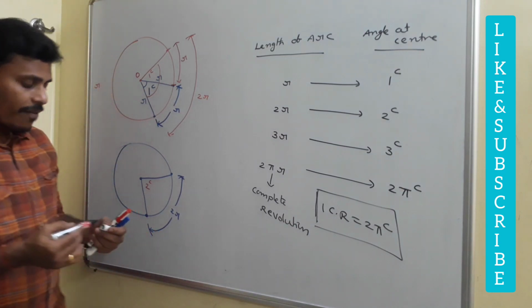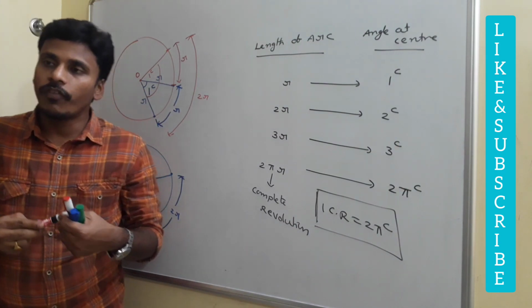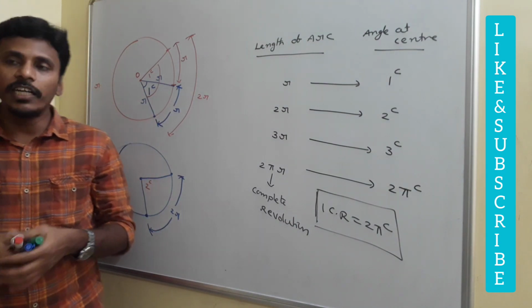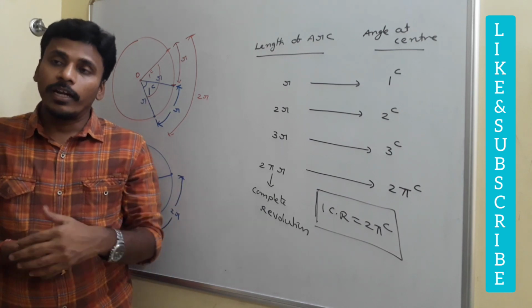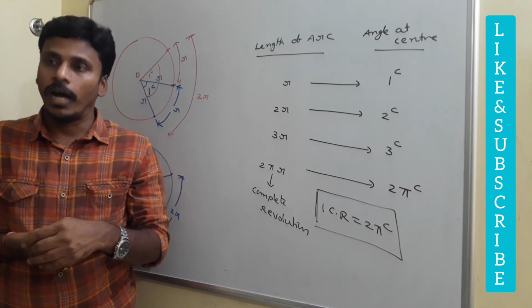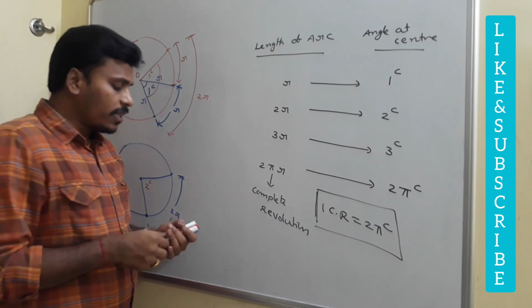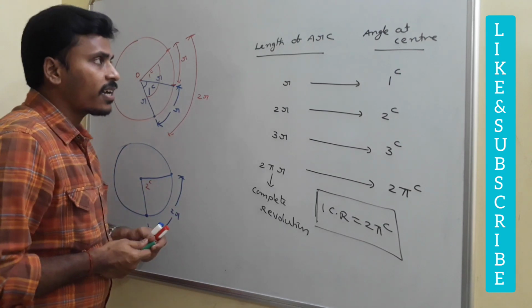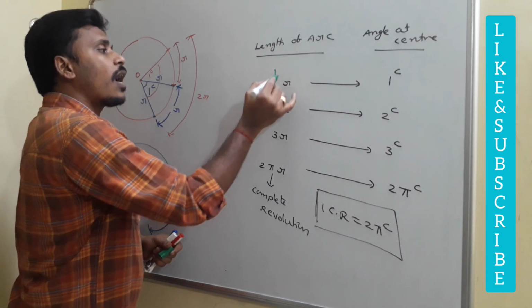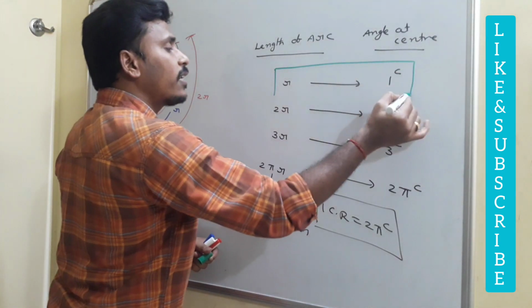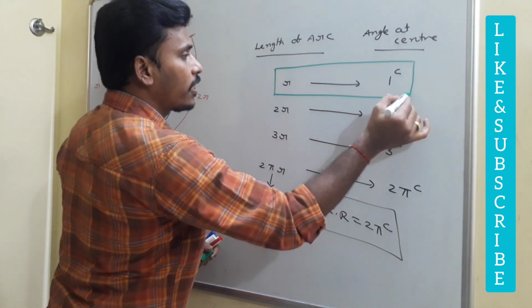From there we have a chance to connect all the different systems, British, French and Indian, and then we can develop different conversions from one system to the other. Have a look at this. Once again I am repeating, this is the initial definition. If the length of the arc is r, then the angle at the center is 1 radian. This is the basic definition.